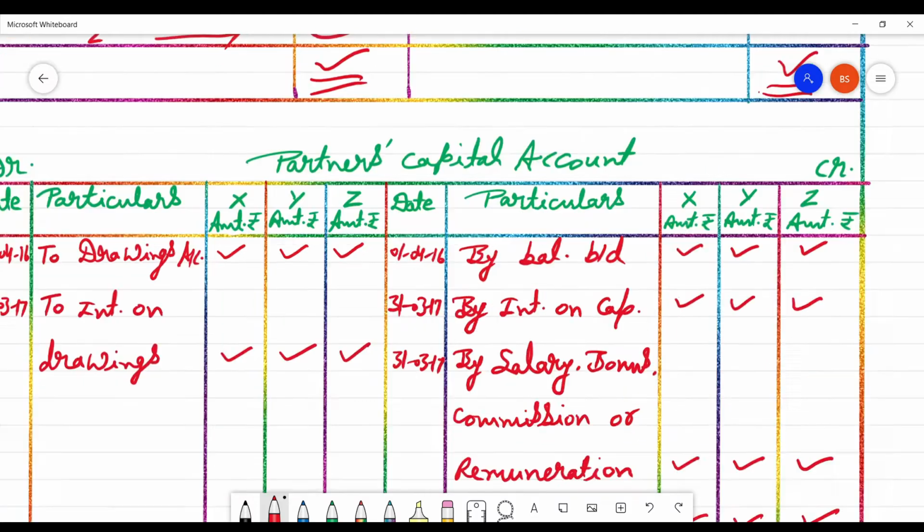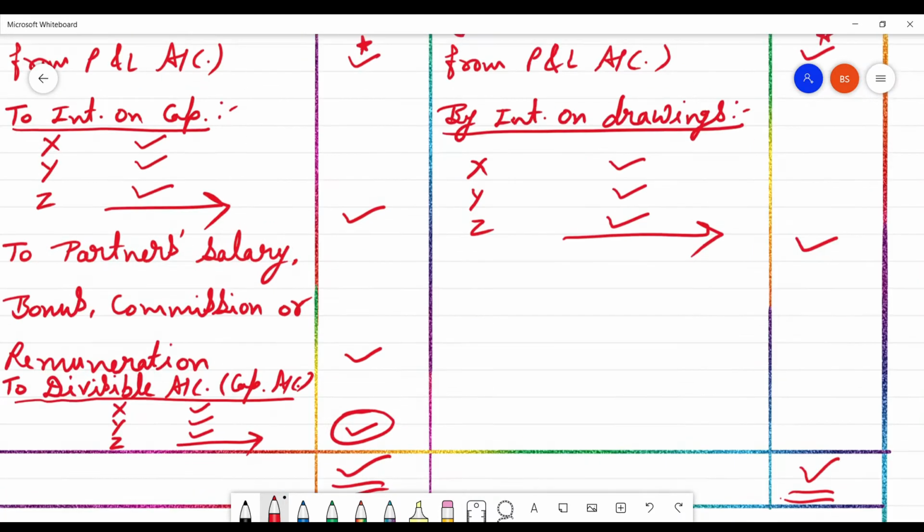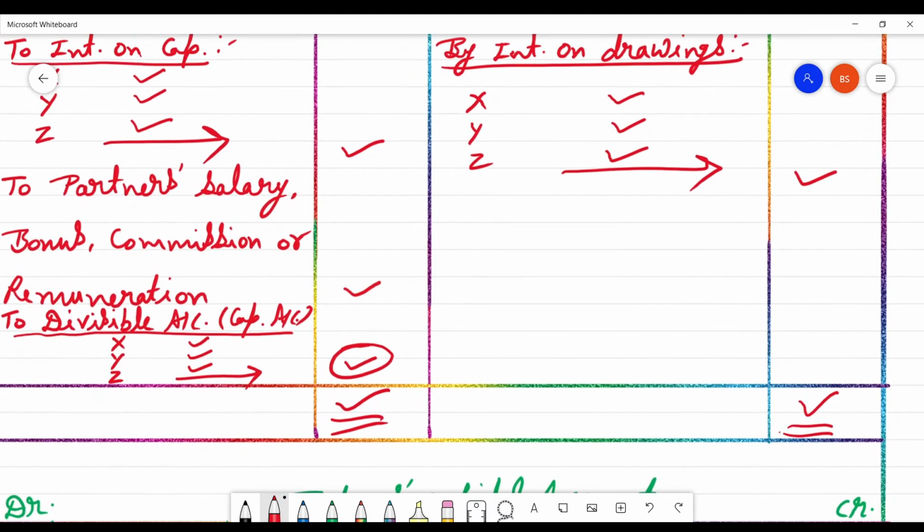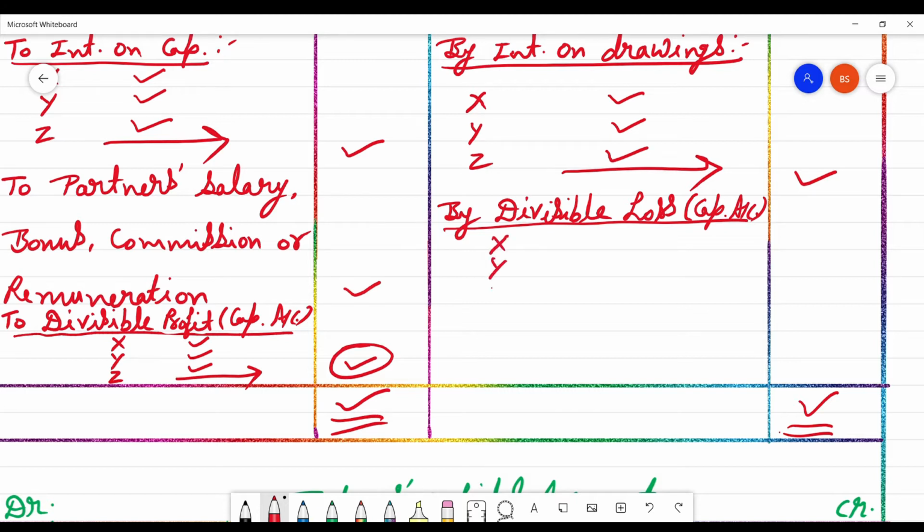And if the debit side's balance is more than the credit side's balance, it will be divisible loss. Sorry, here is divisible profit; "By divisible loss" is transferred to the capital accounts of X, Y, Z in the given P&L ratio.